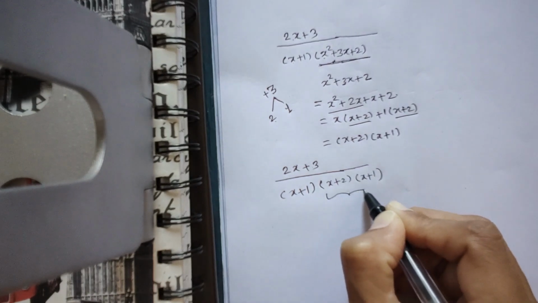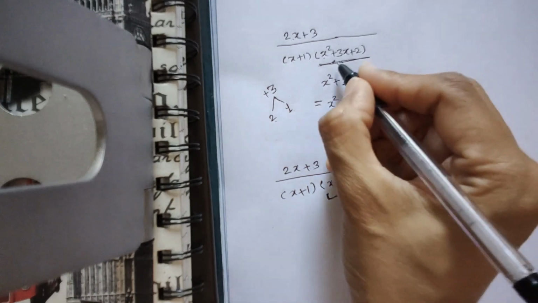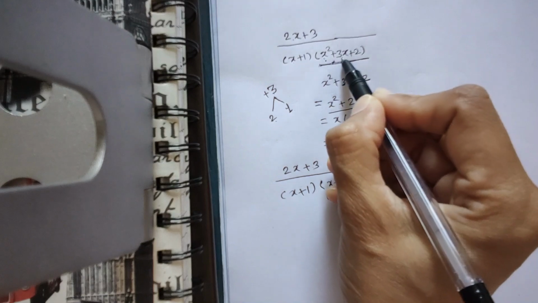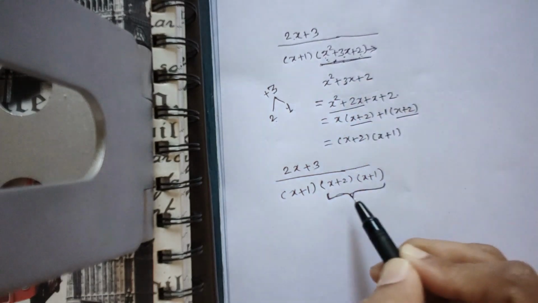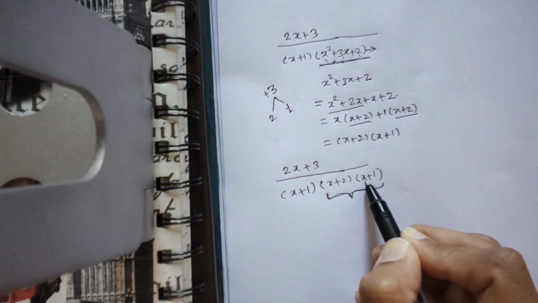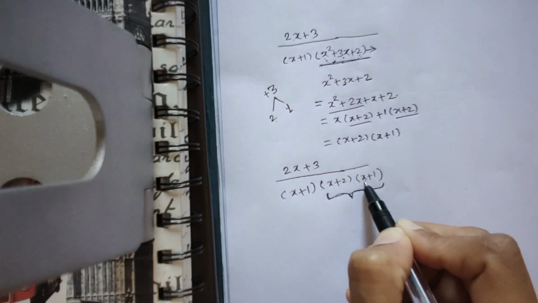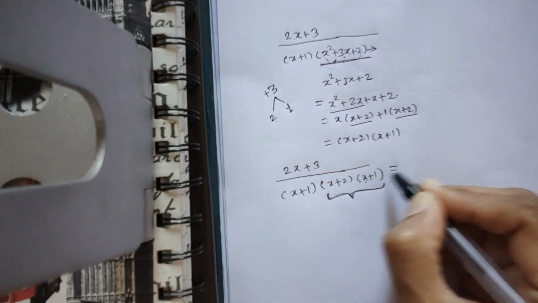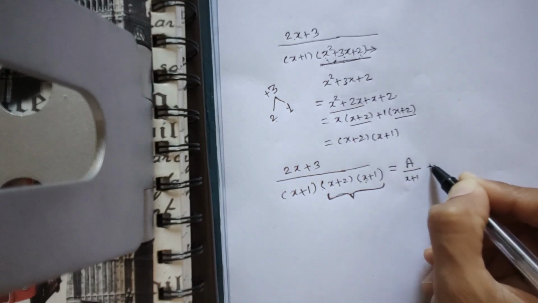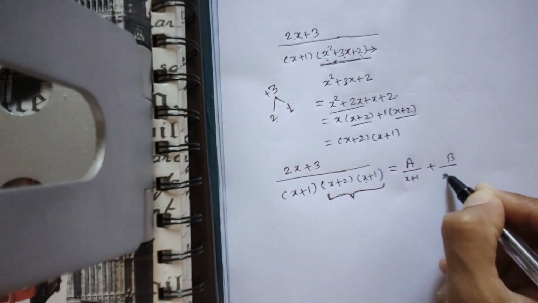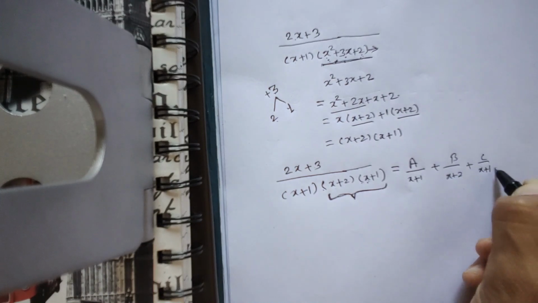So I reduced this to linear factors. The actual given was x square plus 3x plus 2, which is a quadratic equation, but I can reduce it to linear factors. So this converts the example into case 1, and now I need to find only 3 constants like this: a upon x plus 1 plus b upon x plus 2 plus c upon x plus 1.